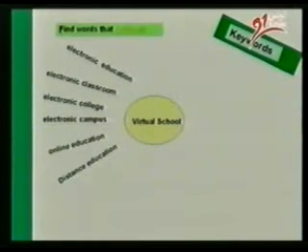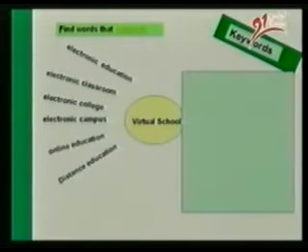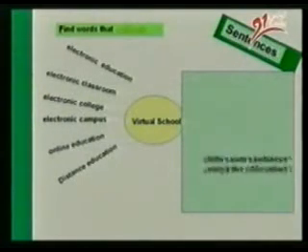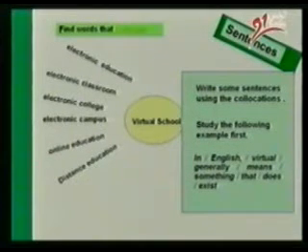Well, I'd like you to use these collocations to find sentences, to find a new title. And before we start, let's have an example. In this sentence, for example, in English, virtual generally means something that does exist. As you can see, we have different words that compose this sentence, and they are arranged in a way that allows us to get a coherent and correct sentence.